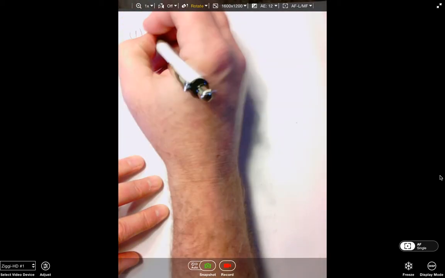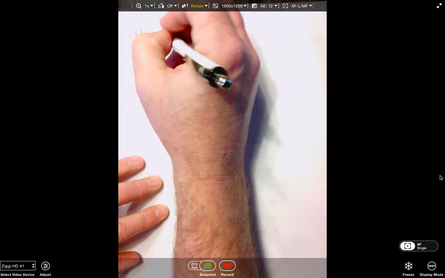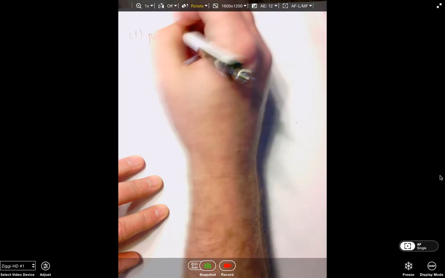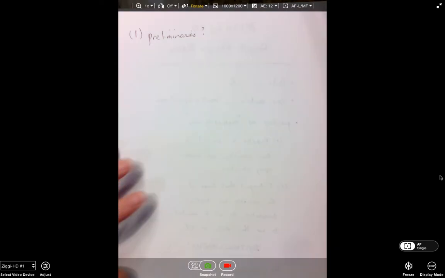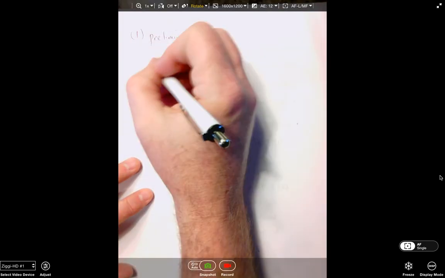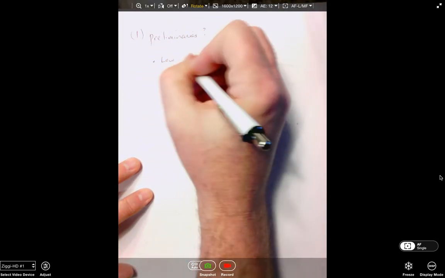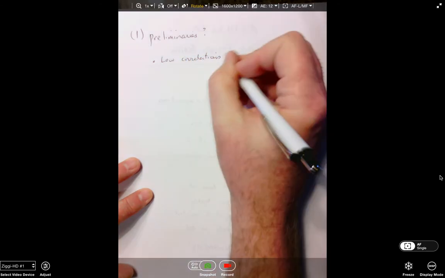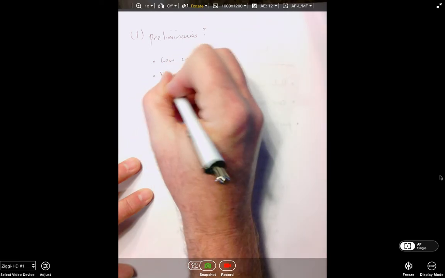Now, the first thing we need to do is some preliminaries. The preliminaries that I have: do we have any low correlations? High correlations?